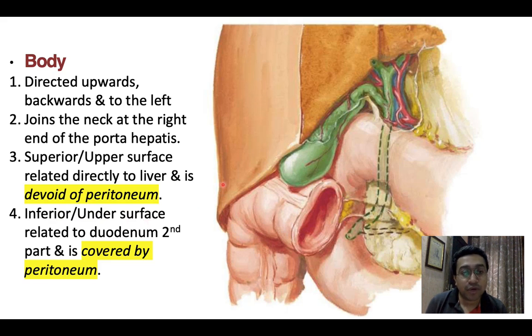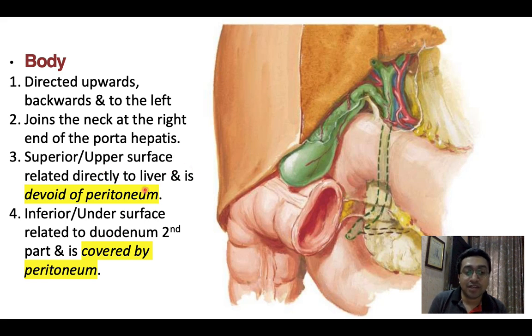Now talking about the body of the gallbladder, it is directed upwards, backwards and to the left. This joins the neck at the right end of the porta hepatis. Again, I cannot stress more these words, porta hepatis and whatever you have heard till now. If you are not aware of these terms, please go through the previous lectures and clear them for better understanding. The superior or upper surface is related directly to the liver and is devoid of the peritoneum.